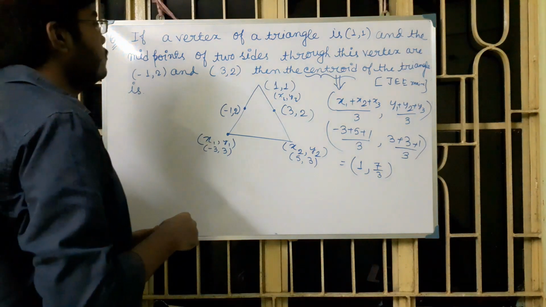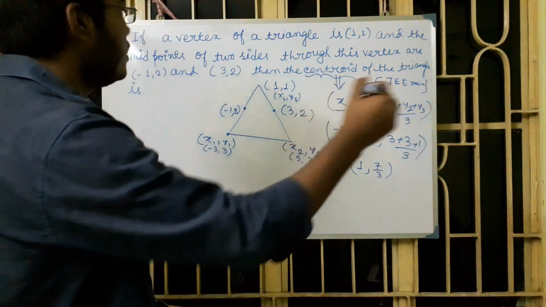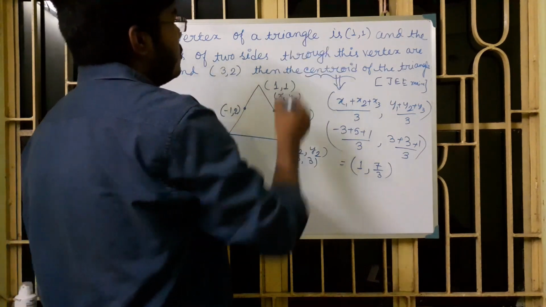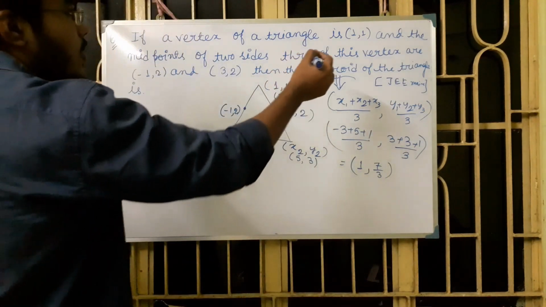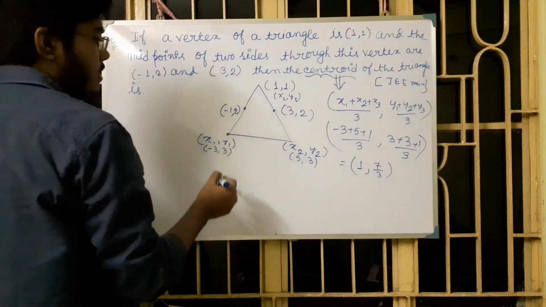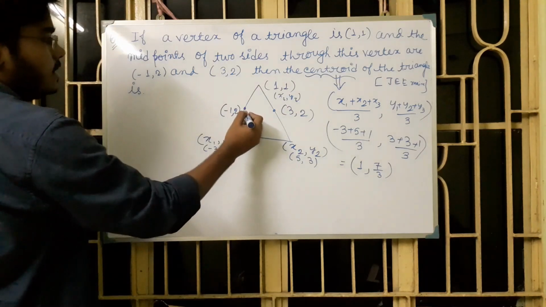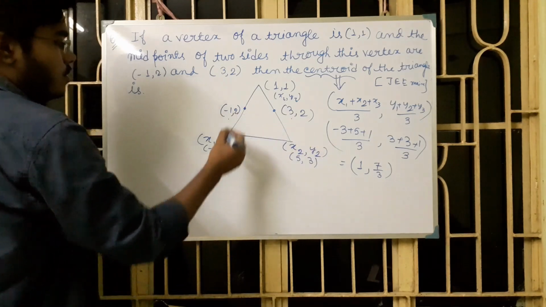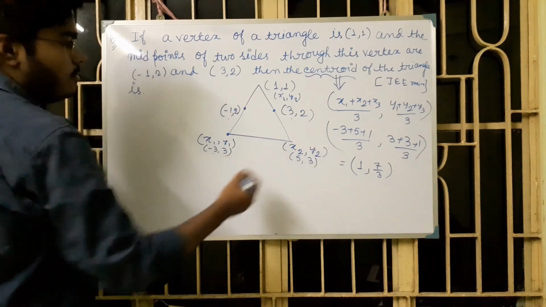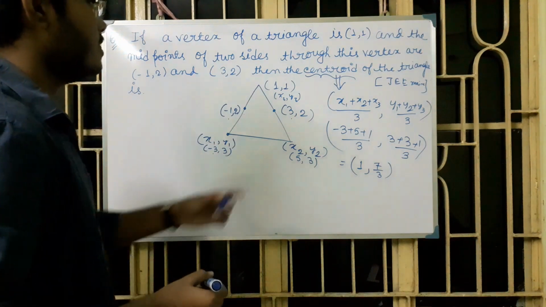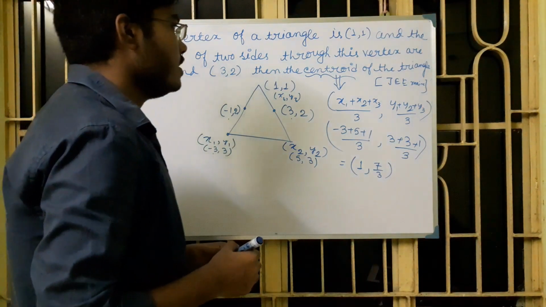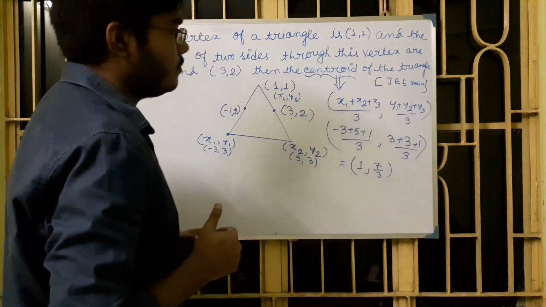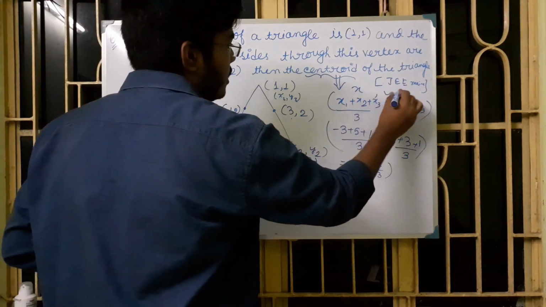Okay. So a quick recap. If a vertex of a triangle is (1, 1) and the midpoints of two sides through this vertex are (-1, 2) and (3, 2), then the other vertices will be (-3, 3) and (5, 3), and the formula of the centroid is (x1 plus x2 plus x3) by 3 for the x coordinate, and (y1 plus y2 plus y3) upon 3 for the y coordinate.